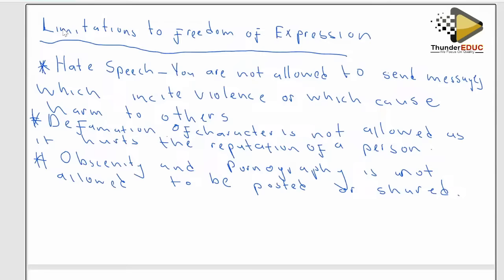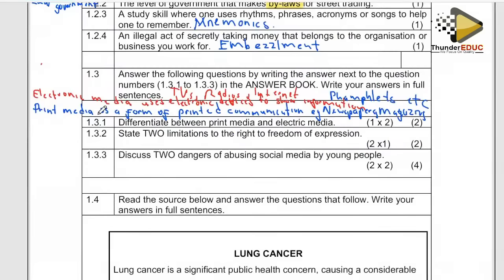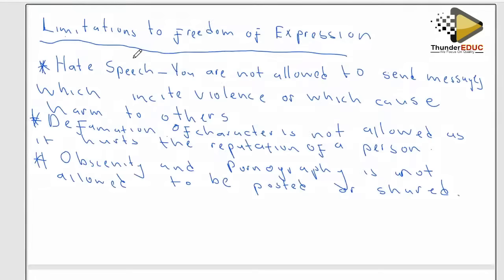So basically, those are the three limitations to freedom of expression. This answers the question 1.3.2. State two limitations to the right of freedom of expression.